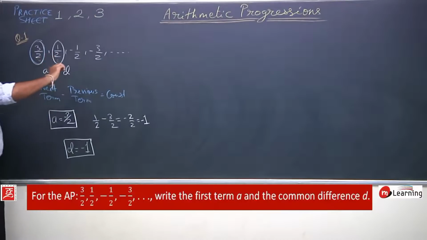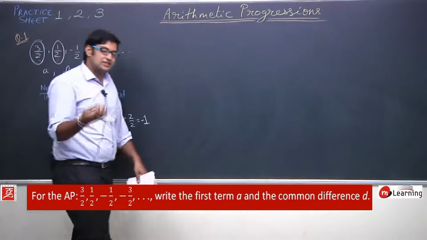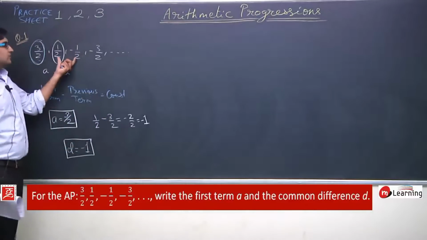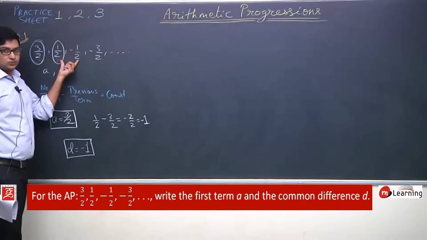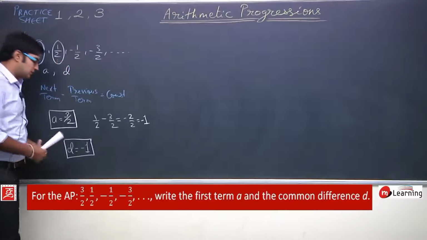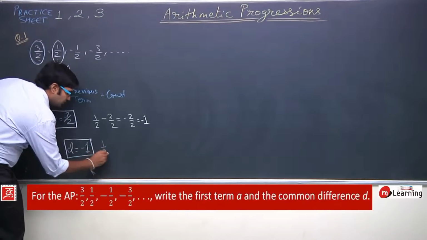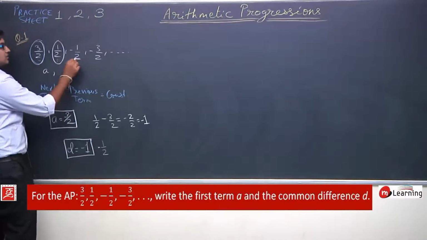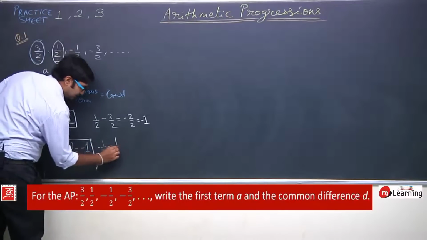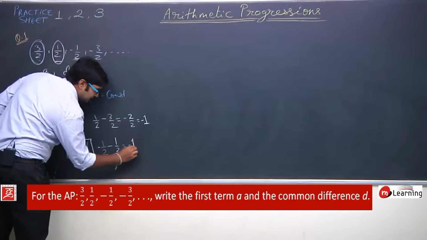And if you want to verify whether this is an arithmetic progression or not, you can take the difference of these two numbers also. So minus 1 by 2 minus 1 by 2, minus 1 by 2, this is the third term. So third term minus second term is again minus 1.